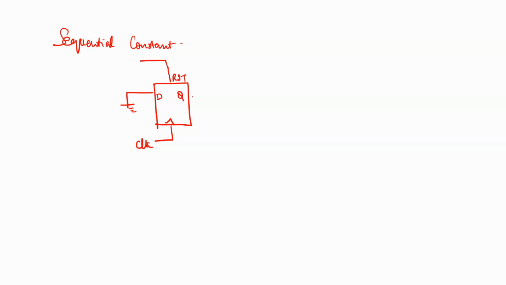Sequential constant. Now let's say I have a flop and its D input is tied low and I have a reset connected to it. Now, if you look at this flop, is there any possibility when Q will become 1?